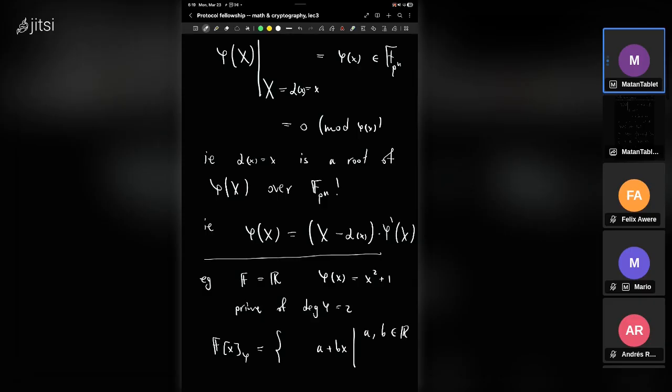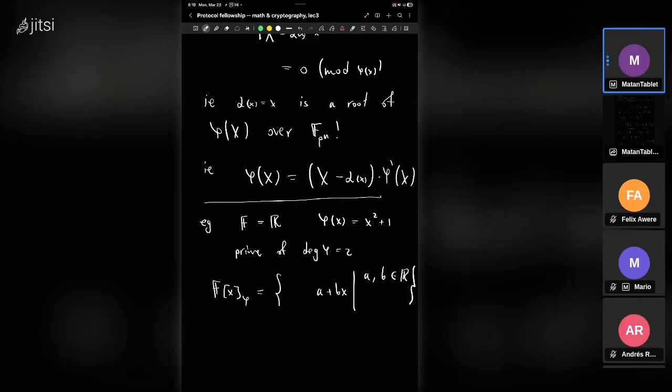It could be that b is 0 or that a is 0. This is the collection of all remainders modulo phi. And now I look at this collection. On this collection, I have operations: addition modulo phi and multiplication modulo phi.